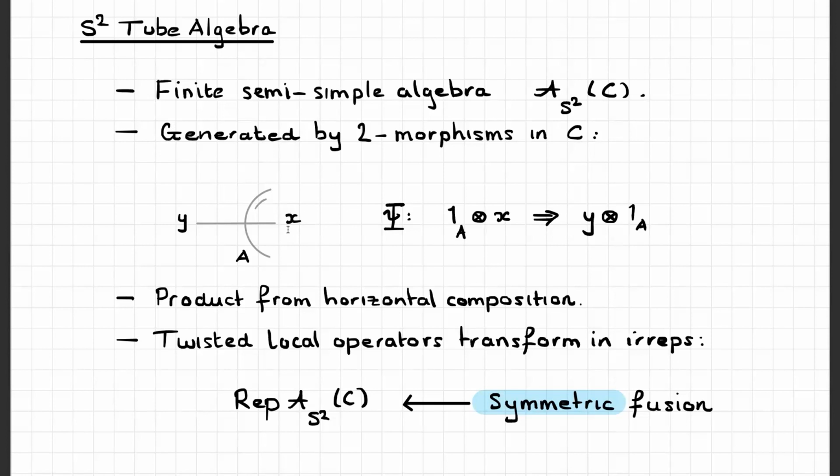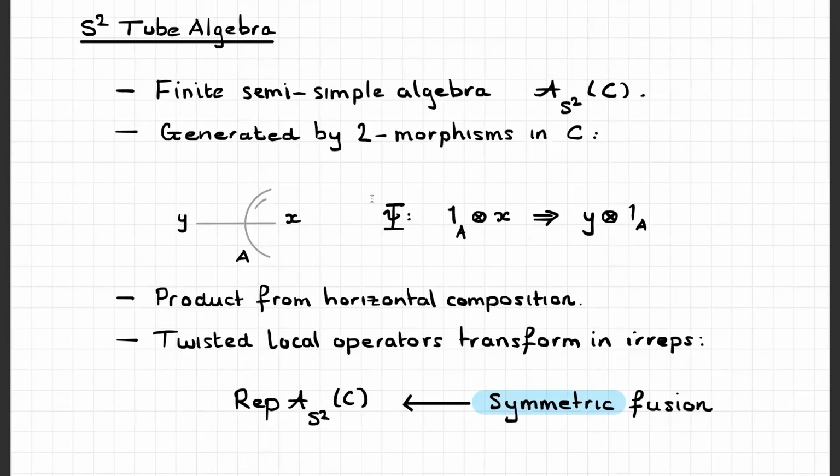You have an incoming twisted sector X, an outgoing twisted sector Y, the elements of pi1, and you have an action of a surface A, which is in pi0. And they intersect again at a point. Points are now 2-morphisms, and so this picture represents a particular 2-morphism in your category C of this form.